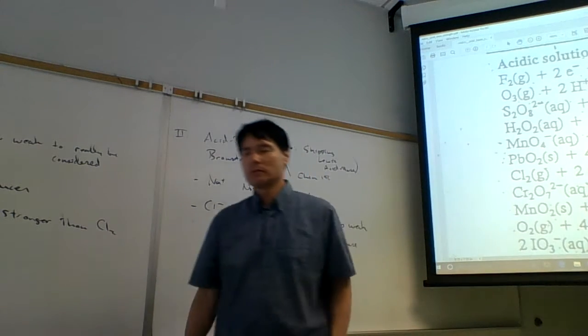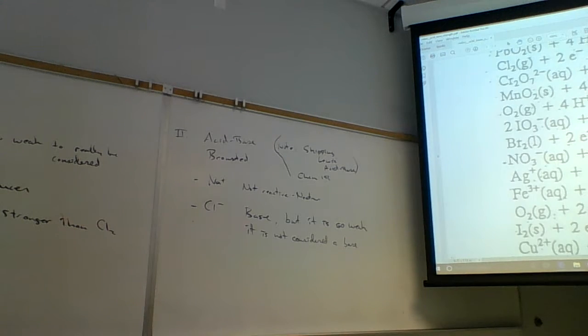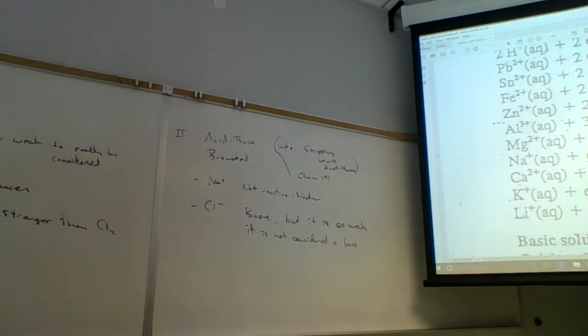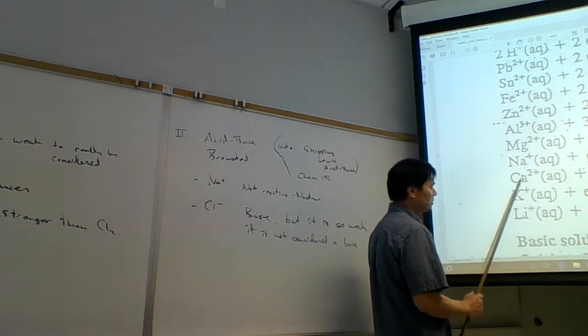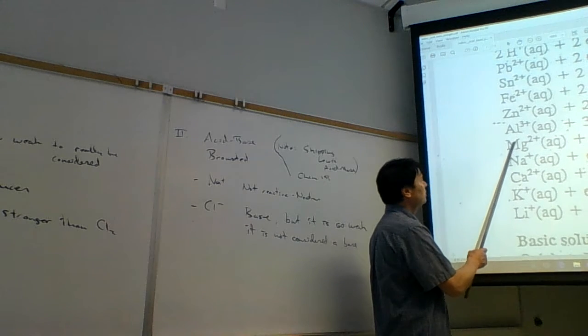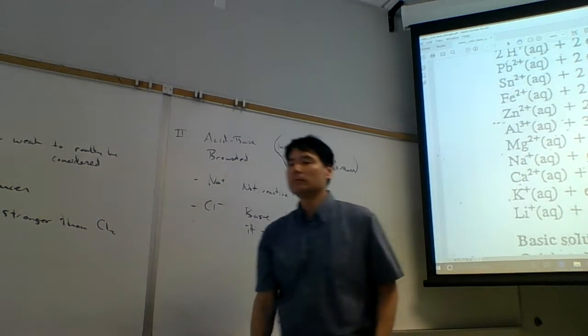So for example, what's the weakest oxidizer? The weakest oxidizer would be lithium ions. For sure, lithium ions don't have enough power to oxidize. And so lithium ions plus chloride, no reaction, no redox reaction. Potassium ions, forget it. Calcium 2, none of these are strong enough to take electrons from chloride. None of them.